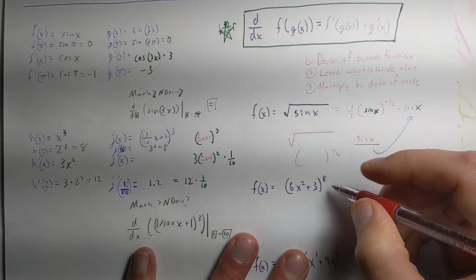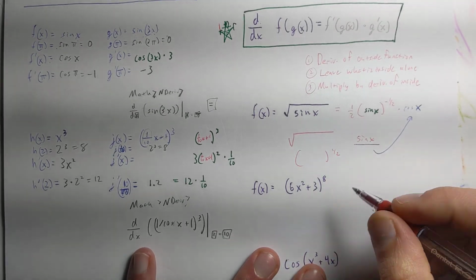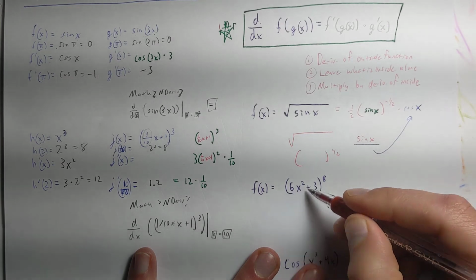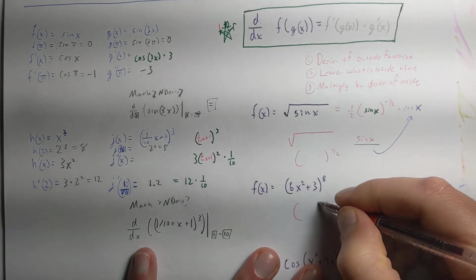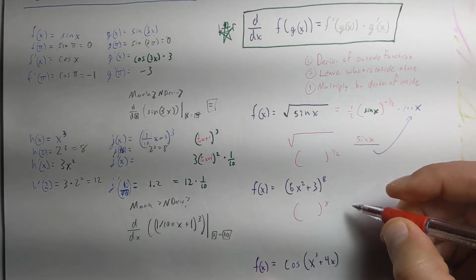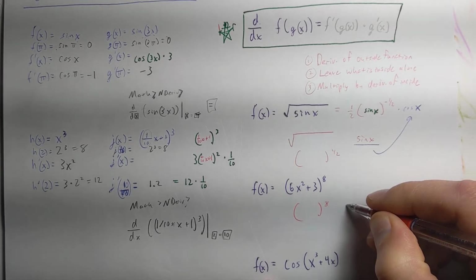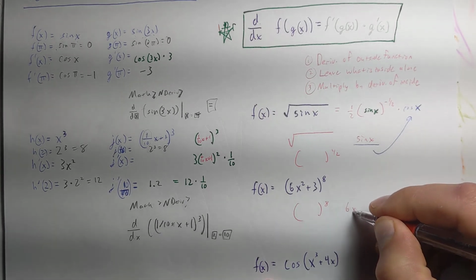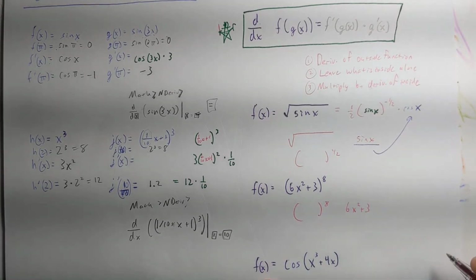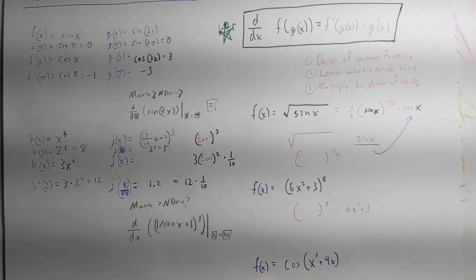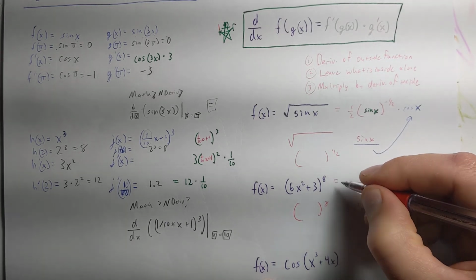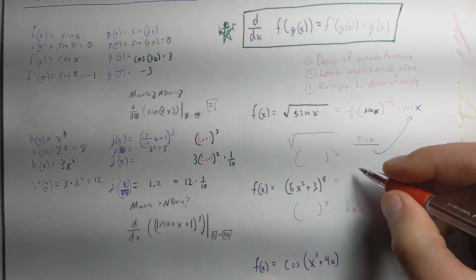On this one, the big key here is what's the outside function? The outside function is something to the 8th. The inside function is 6x squared plus 3. So if I'm deriving this, what's the derivative of something to the 8th?